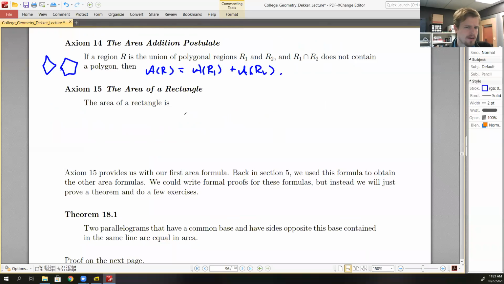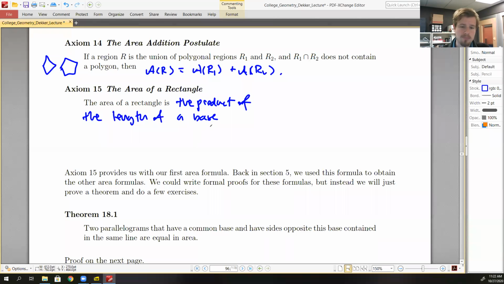And the area of a rectangle is the product of the length of the base. We know what the area of a rectangle is, so this isn't a surprise. We phrase it as a base here because the base and the height are not necessarily specified. You could turn the rectangle and you would have a different base.